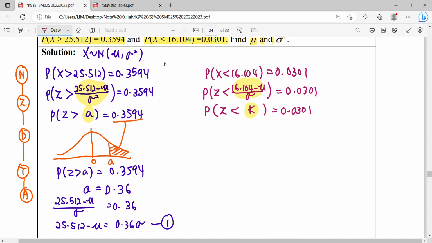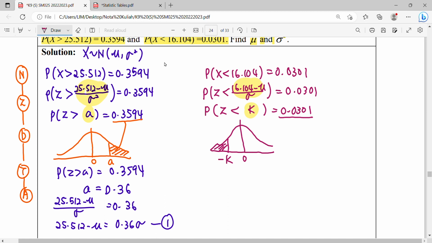So when I draw, where's the location of K? Is it left hand side? This value of K is less than zero? Yes, so this K will be a negative value. This z-score, when we get it, should be a negative value.